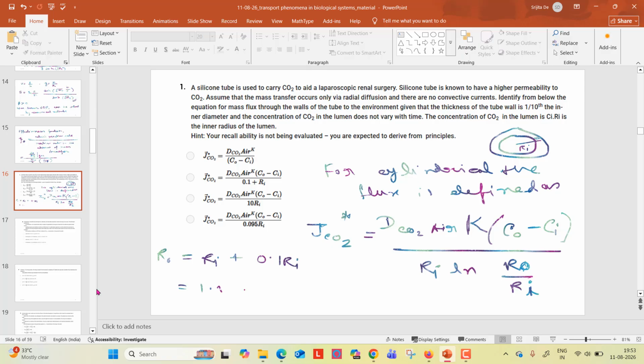So now the value of ln 1.1 will be 0.095. So simply the equation will be D CO2 air K into (C0 minus Ci) by 0.095 Ri. Okay, so it is option 4.